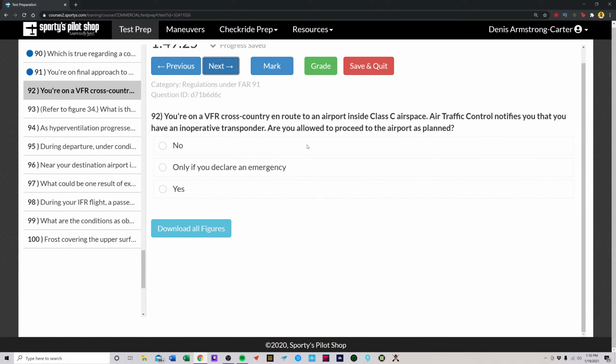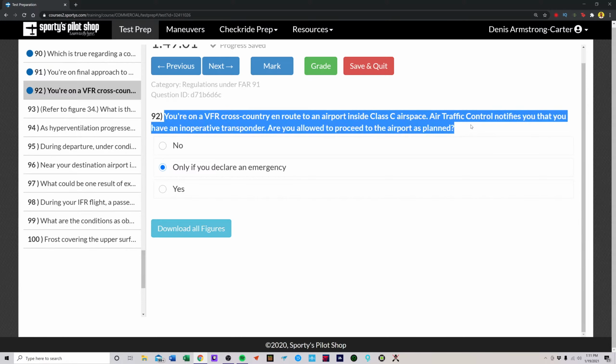You're on a VFR flight en route to an airport in Class C airspace, and you have an inoperative transponder. Only if you declare an emergency? I mean, if you declare an emergency, yes, you can. But why would you? Honestly, why would you declare an emergency? Let's see what they have. This is a written test question.